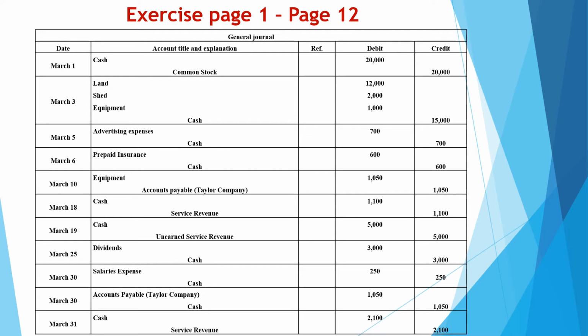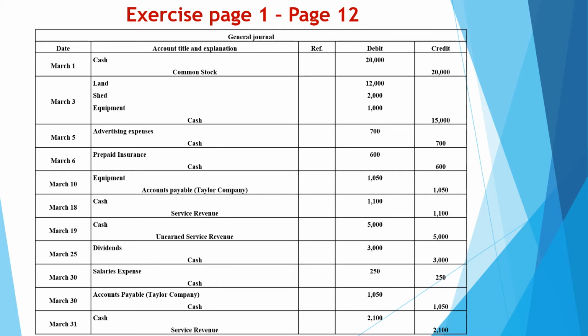On March 3, purchased a golf land for $15,000 cash. This price of 15 consists of three items, which are land for 12,000, shed for 2,000, and equipment for $1,000. The land, the shed, and the equipment are fixed assets.